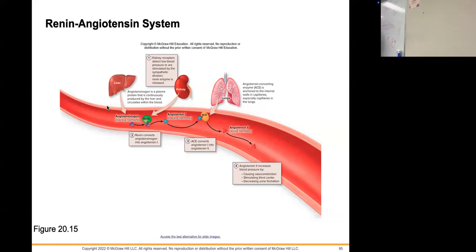This one is the one that's actually going to raise your blood pressure. This one causes vasoconstriction. Angiotensin 2 tenses your blood vessels. Well, we do that and we increase blood pressure. It also causes us to release aldosterone and antidiuretic hormone.